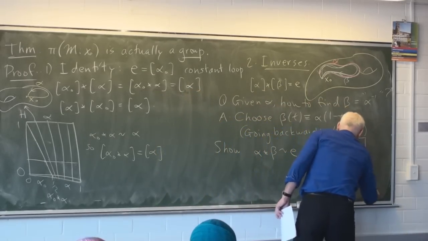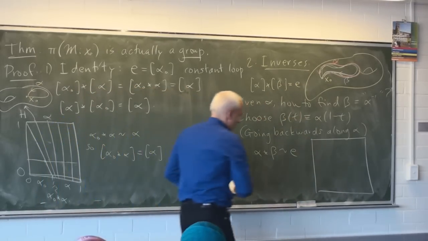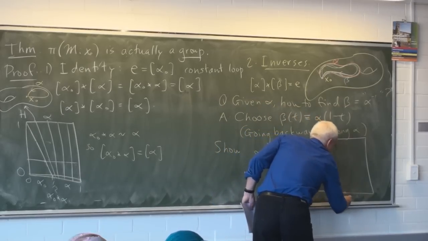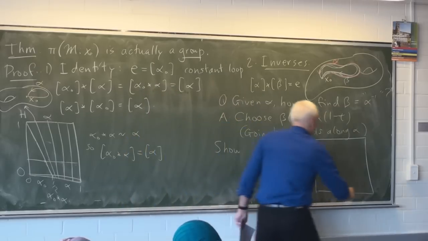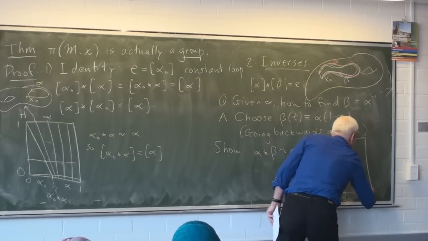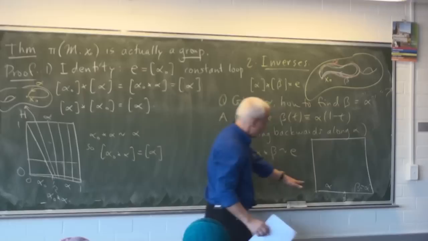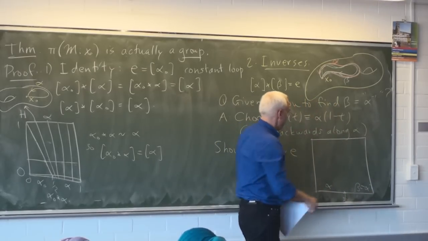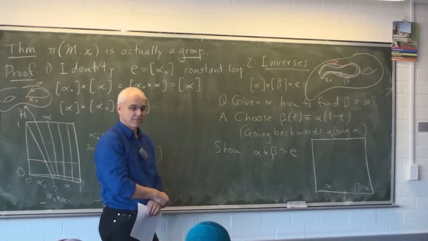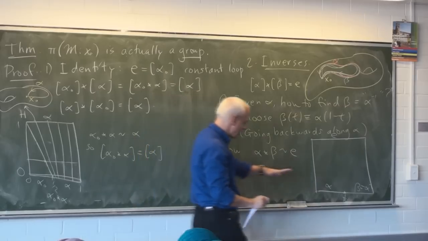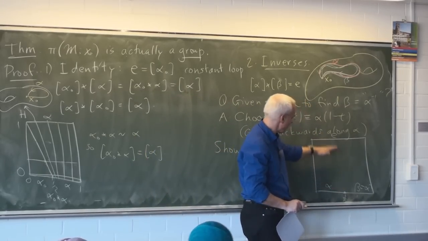So I'm going to draw a homotopy diagram that illustrates that. So there's the halfway point. We're going to put alpha there and beta there. Beta is alpha backwards. And I need to convince you that this combination of alpha and then going back alpha is homotopic to the identity. To exhibit a smooth way of making a transition from this one to this one.